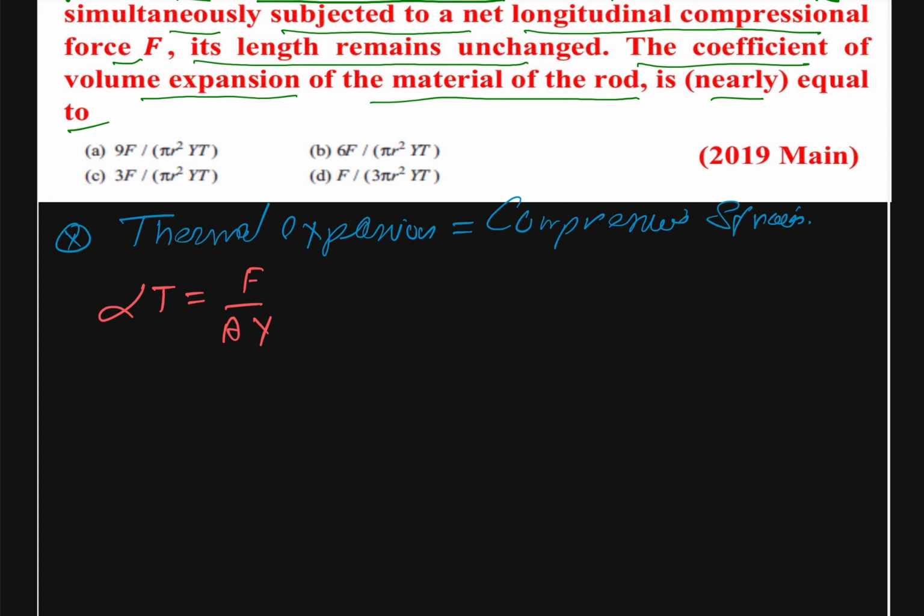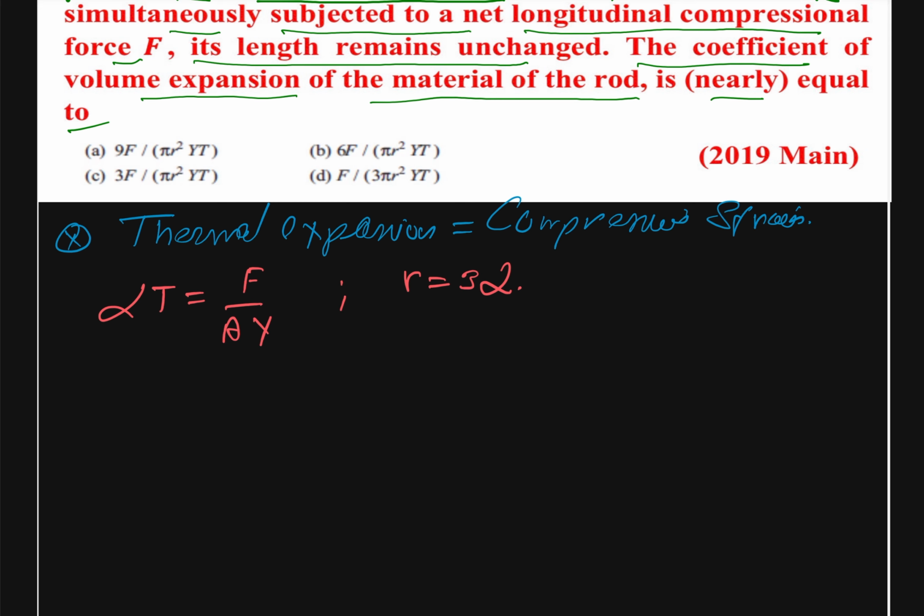We also know that our volumetric coefficient of expansion, gamma, is equal to 3 times alpha. We have to find gamma.